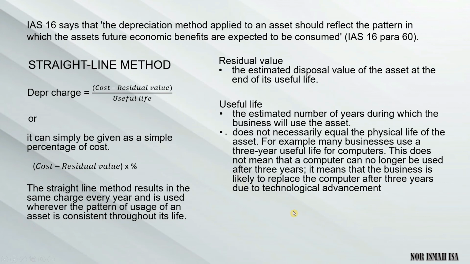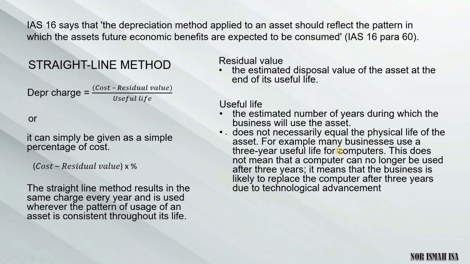Useful life. This is the estimated number of years during which the business will use the asset. For example, the car I gave you before: if it can be used for 10 years, the useful life is 10 years. It's not necessarily equal to the physical life of the asset.